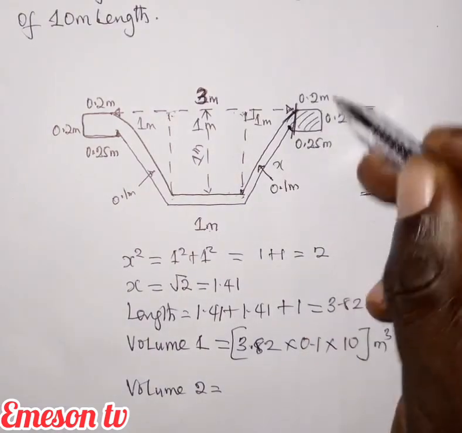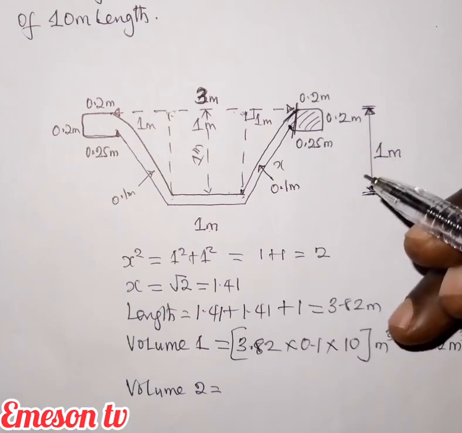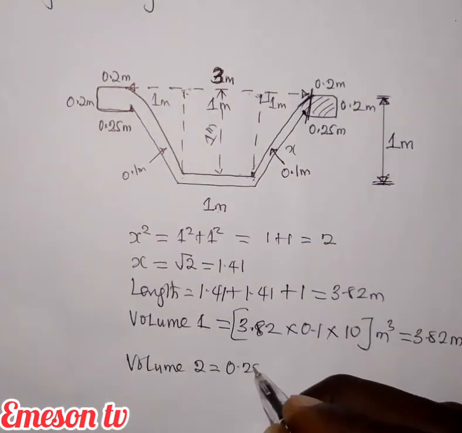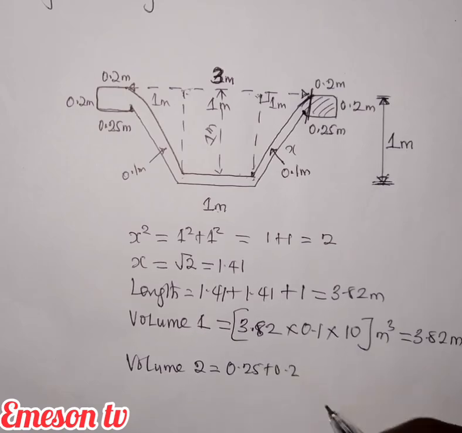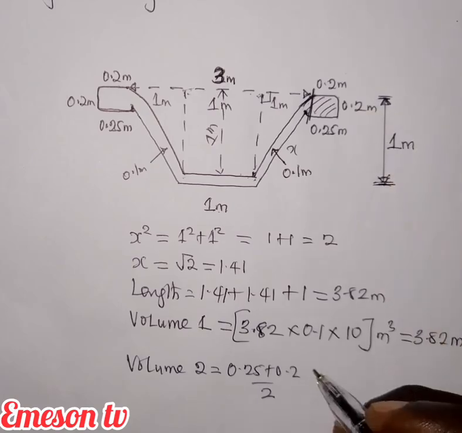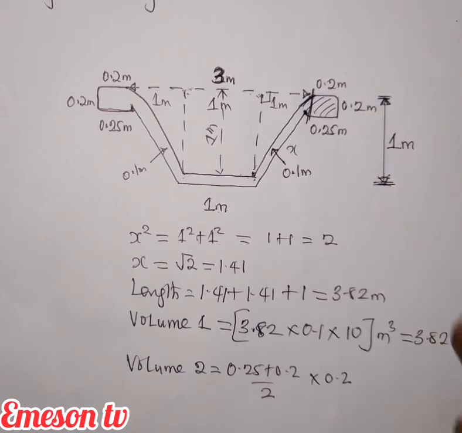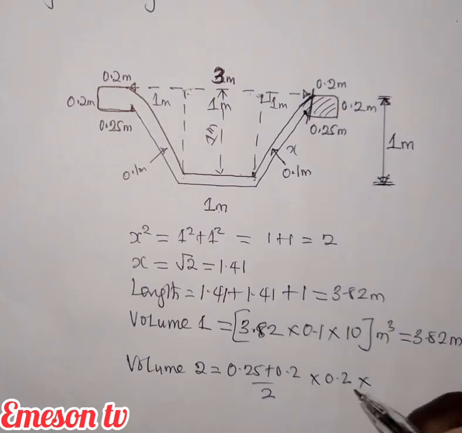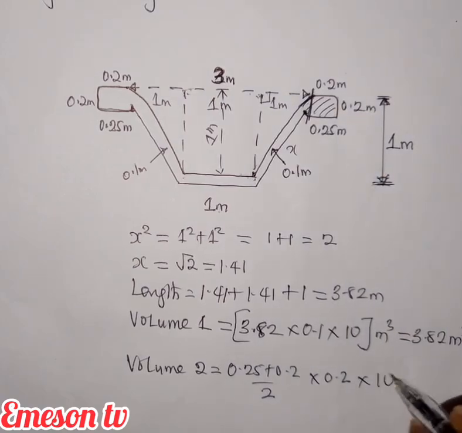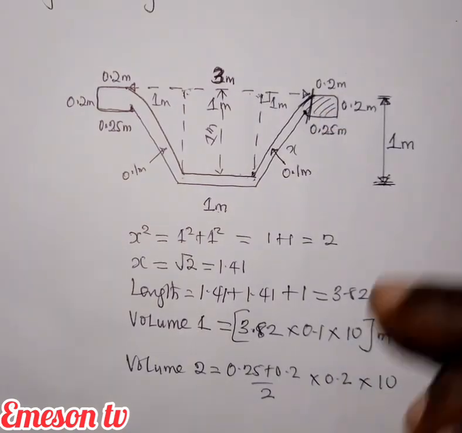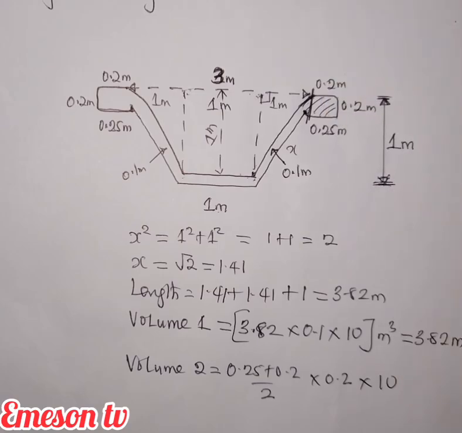So we have to add this and this and find the average. So we have 0.25 plus 0.2 divided by 2. Whatever we have, we multiply it by 0.2. We are now already having the area of this shape. So if you multiply whatever you have by 10, you're already having the volume of the concrete here, because it's spanning across 10 meter.